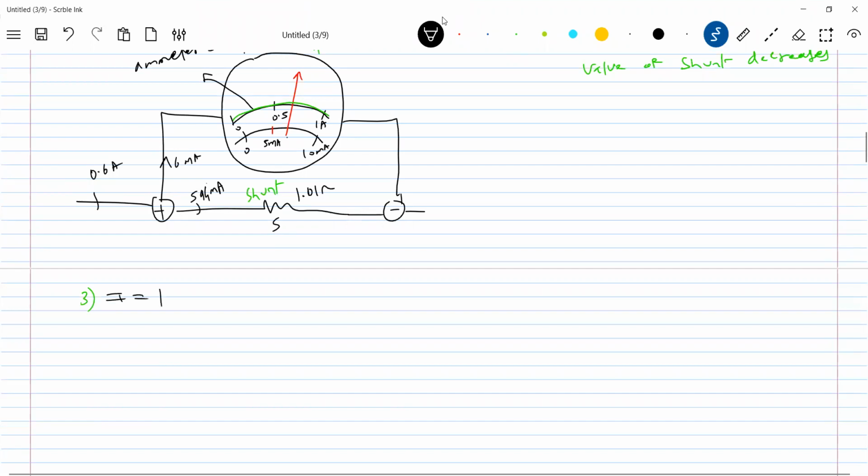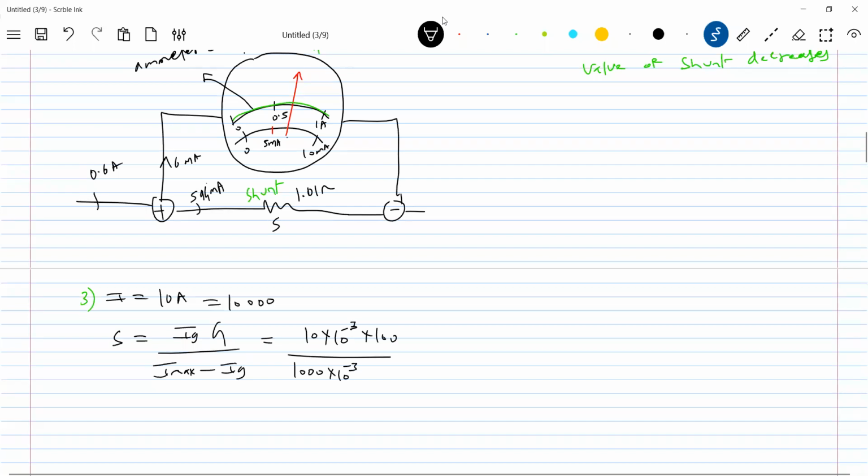So I is equal to how much? 10 ampere. 10 ampere means it will become 10,000 milliampere. So the value of shunt required will be Ig times G divided by (range minus Ig). So this will be 10 into 10 to the power of minus 3, divided by 10,000 milliampere minus 10 into 10 to the power of minus 3.